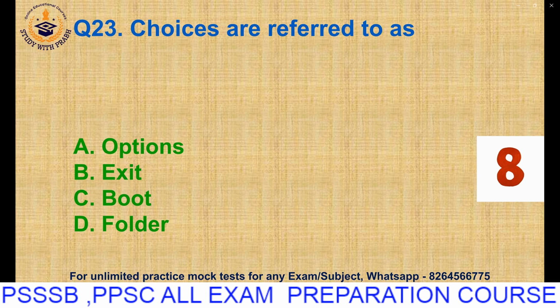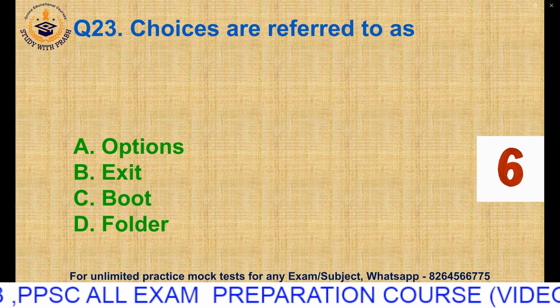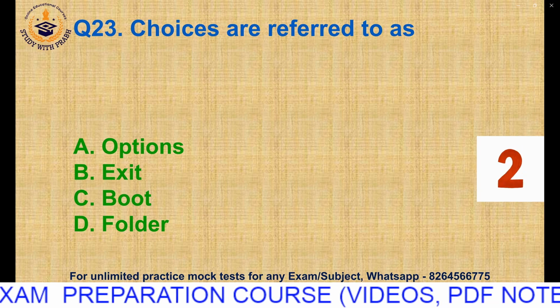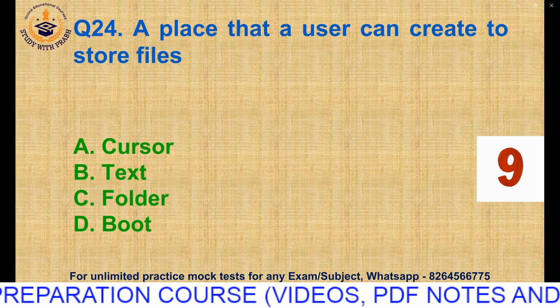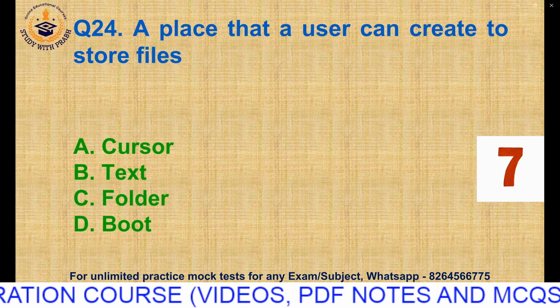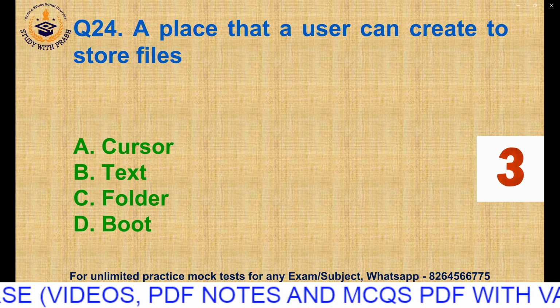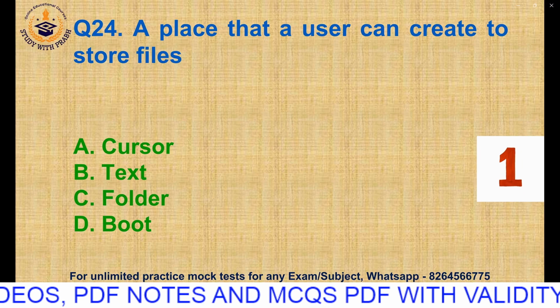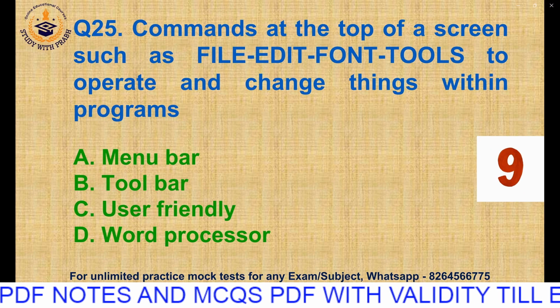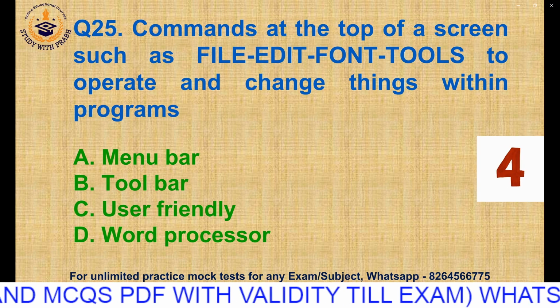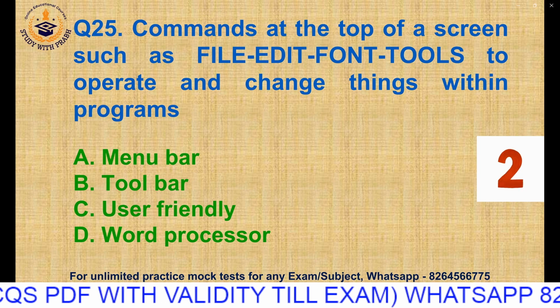Choices are referred to as. A place that a user can create to store files. Commands at the top of a screen such as file, edit, font, tools to operate and change settings within programs.